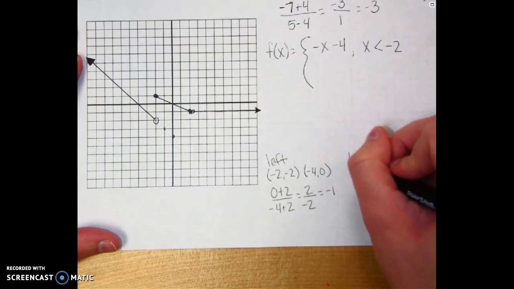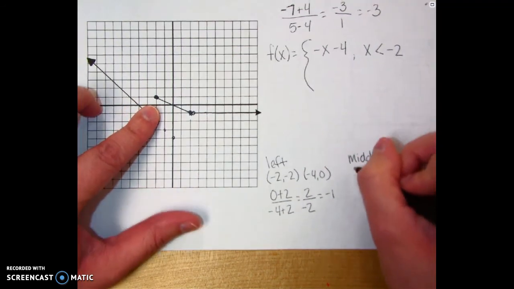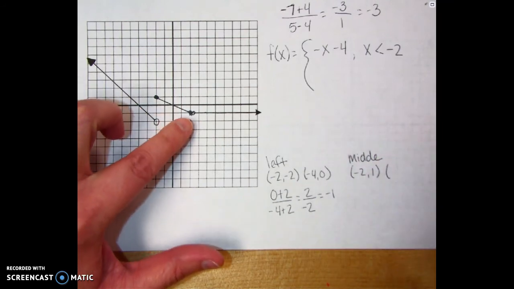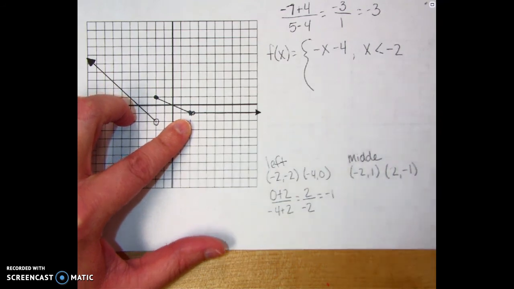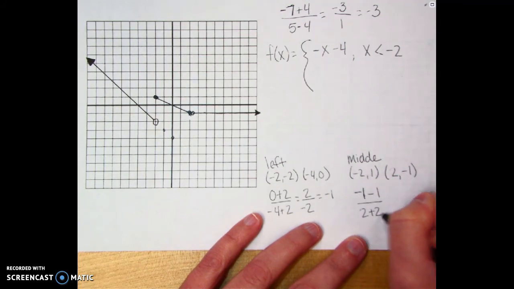Okay, for the middle line, this is negative 2, 1, and 2, negative 1, right? That's negative 1 over 2 plus 2.